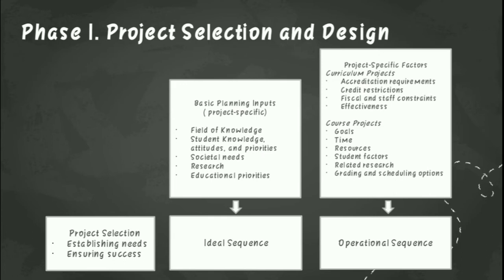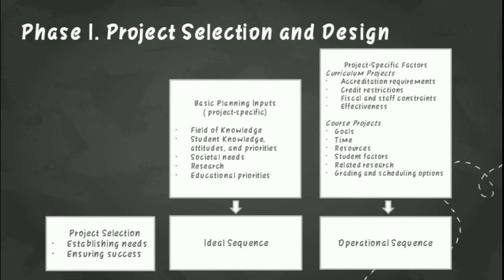So this is phase 1, project selection and design. As you can see, there are processes. In phase 1, we have project selection, establishing needs and ensuring success, which will be the basis for the selection. Then we have the basic planning inputs, which specify the field of knowledge, student knowledge, attitudes and priorities, societal needs, and research and educational priorities under the ideal sequence.